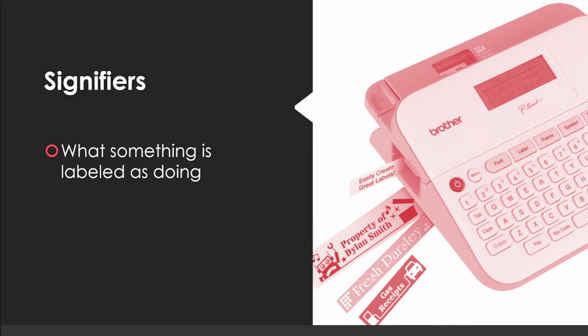But we also have our signifiers. And a signifier is what something is labeled as doing. So an affordance is what something looks like it does. And a signifier is what something says it does. Right, so this is a pretty easy concept, right?